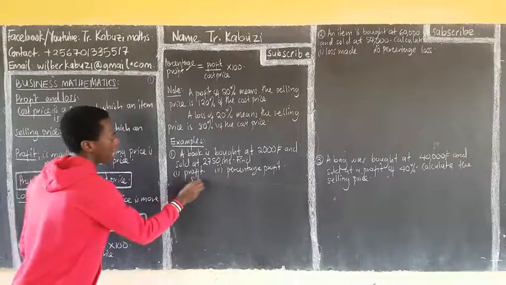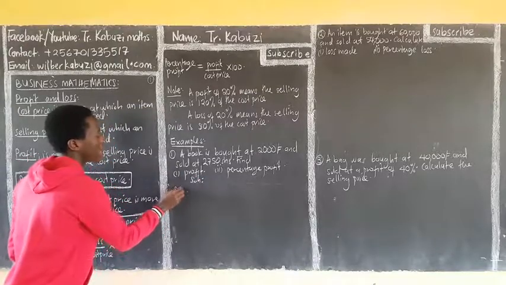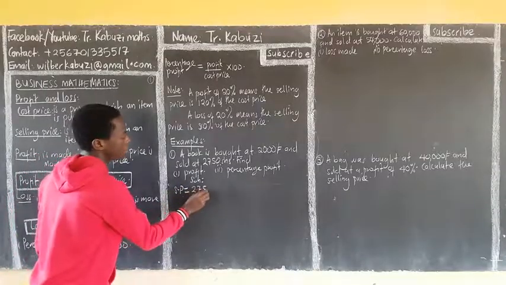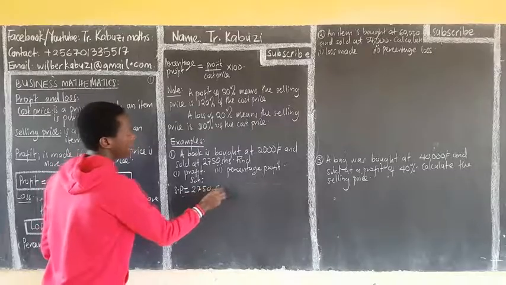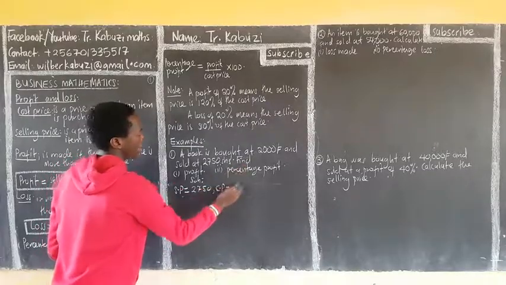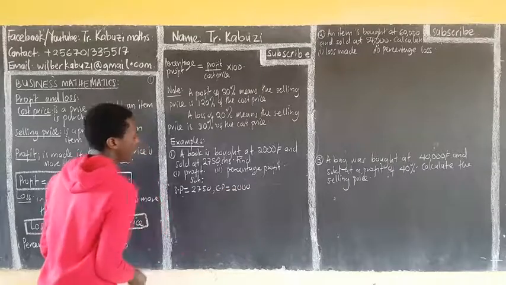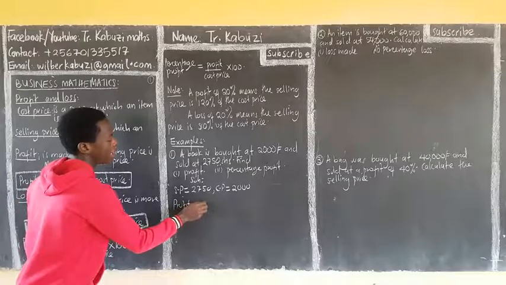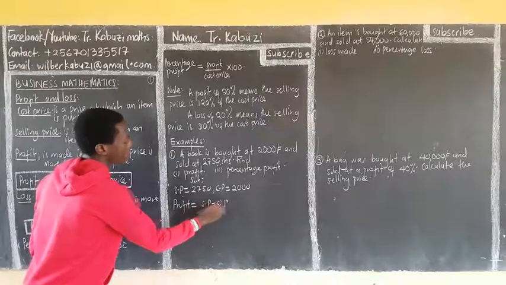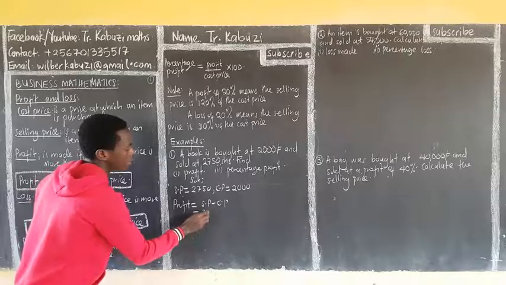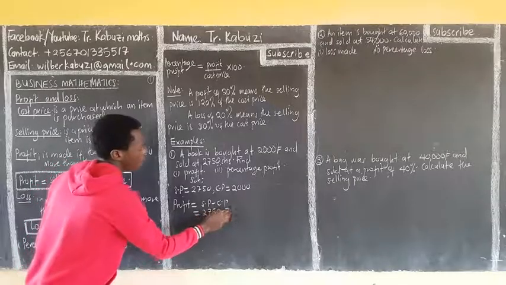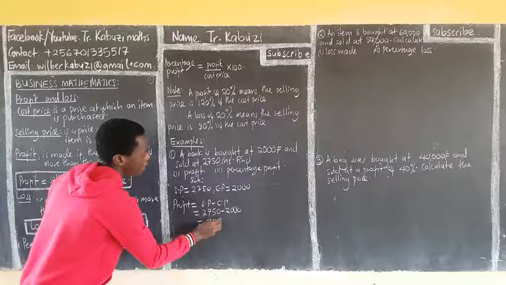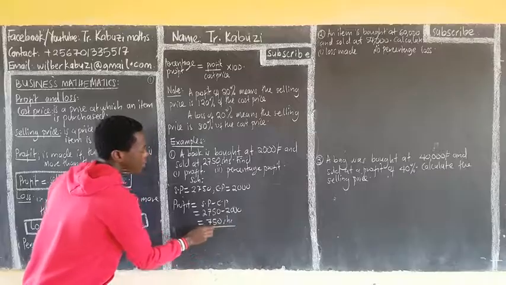So the solution here: our selling price is 2,750, then our cost price is 2,000, which means that our profit is going to be the selling price minus the cost price. This gives us 750 shillings, so that's the profit.